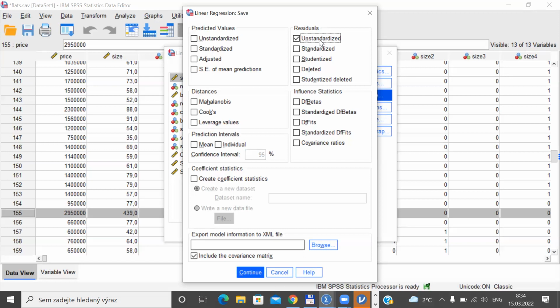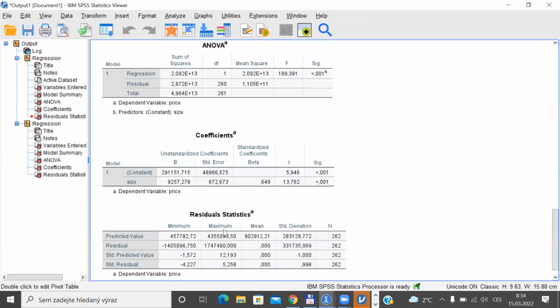I would only like to recap that in Excel, there is no such option to save anything, so we would need to compute residuals as a new variable by the regression equation. That's also a possibility. If you would like to know how to perform these procedures, please see lectures from last year. So here we are, unstandardized residuals. Click and continue.